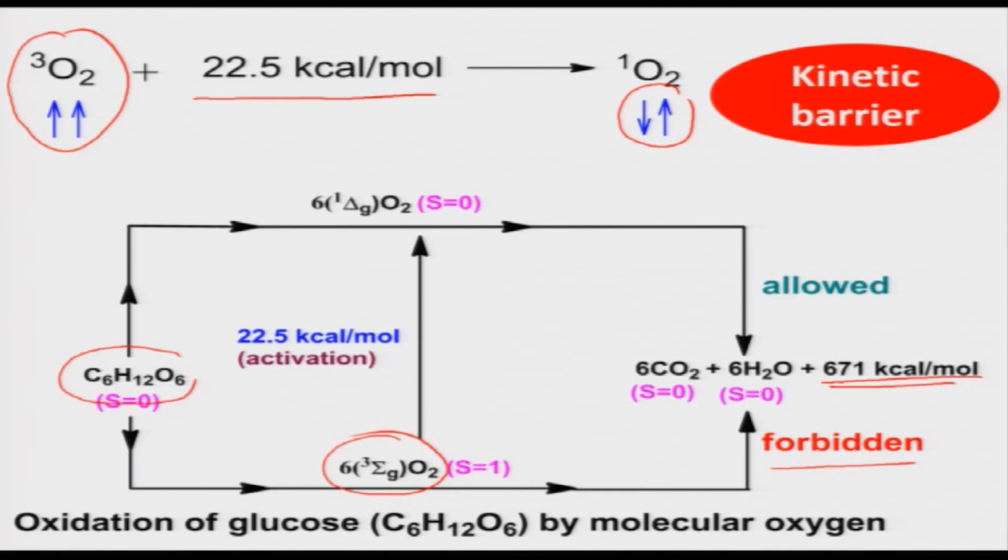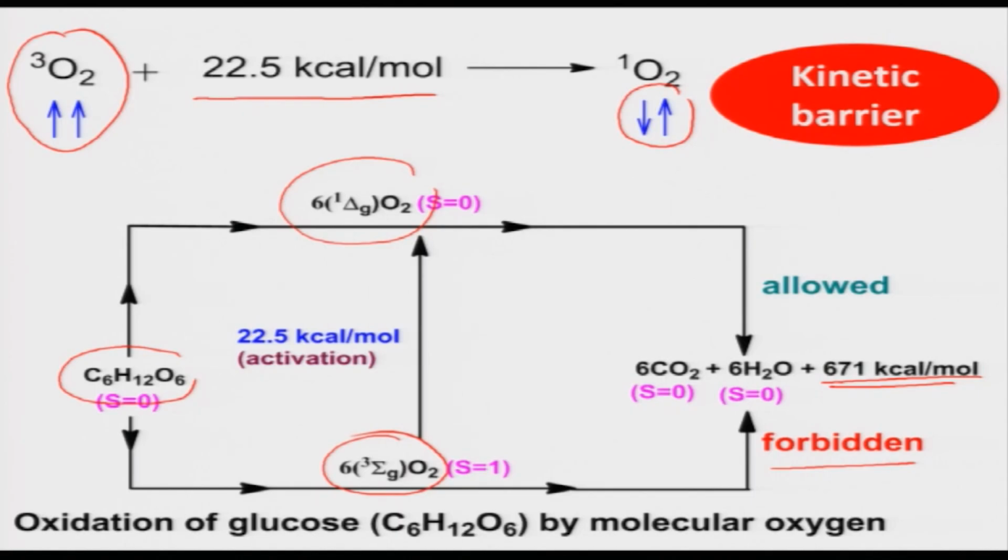When does it happen? When this dioxygen is activated by giving an energy of 22.5 kcal per mole, then this triplet dioxygen converts to singlet dioxygen, which immediately reacts with the glucose, gives rise to carbon dioxide, water and huge amount of energy.